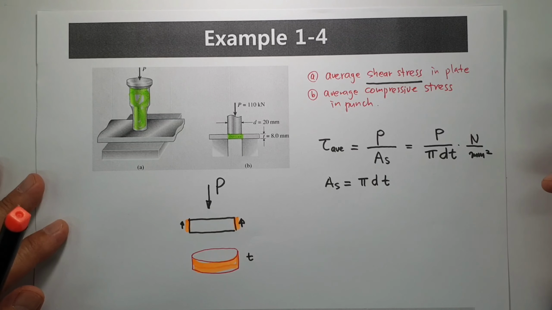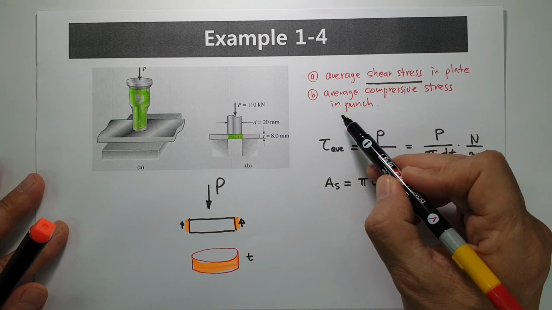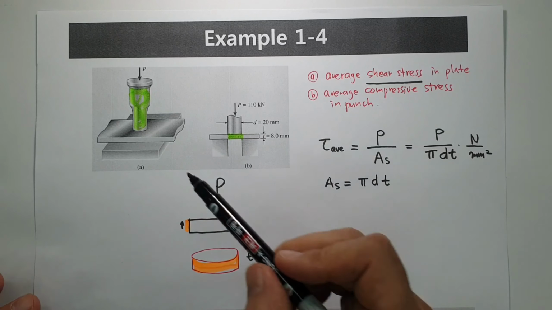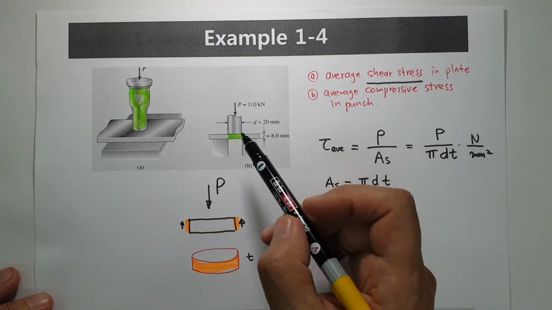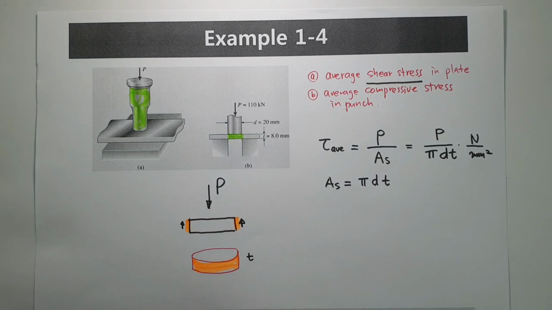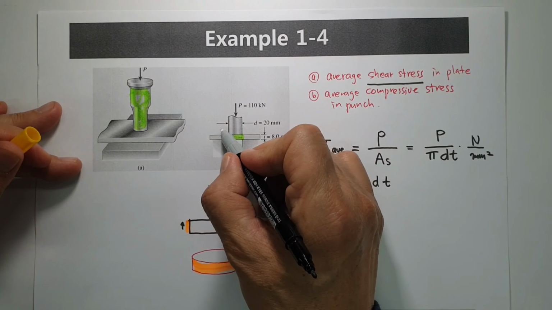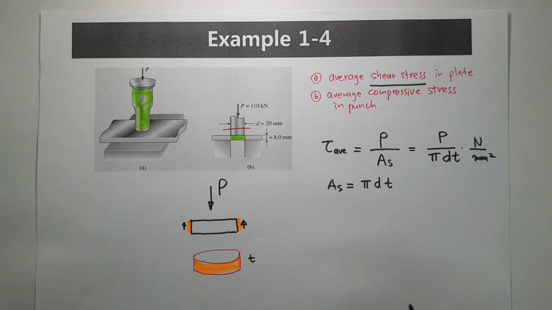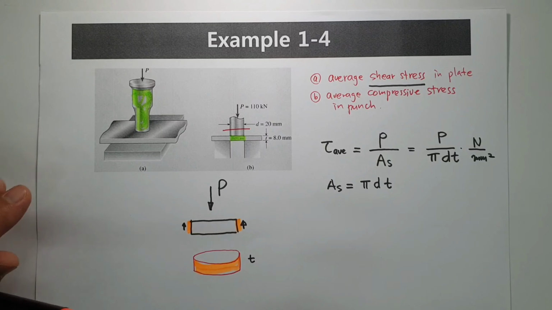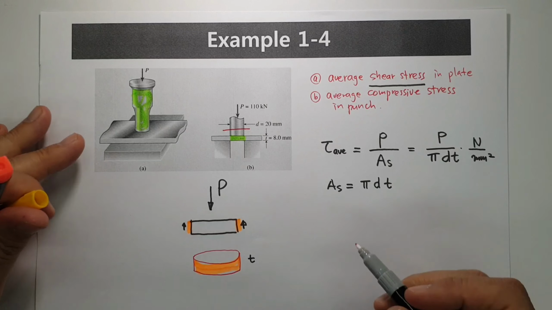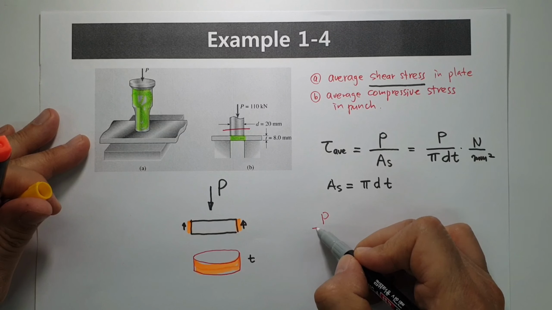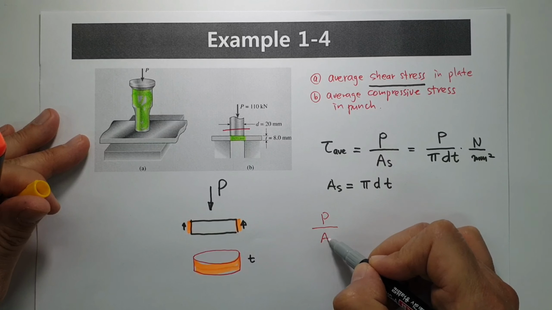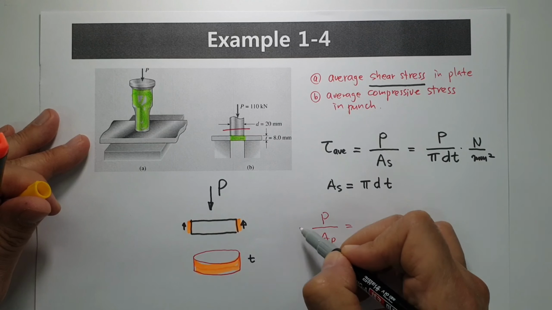Okay, next, average compressive stress in punch. When you consider this punch, compressive stress, when you cut this area, then this area is given by external force P divided by A punch. Then this one is what?